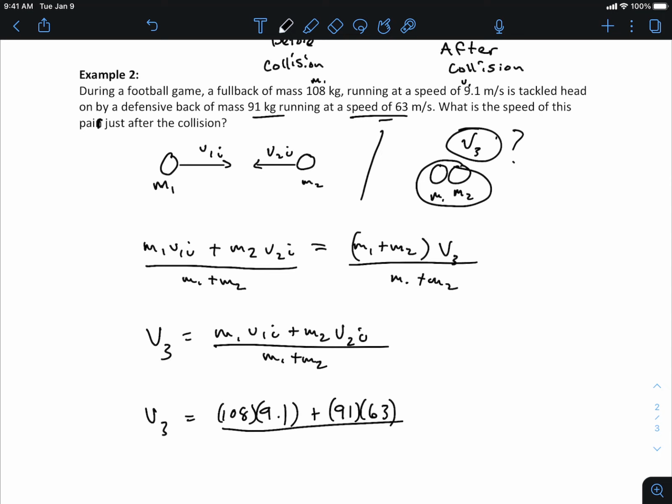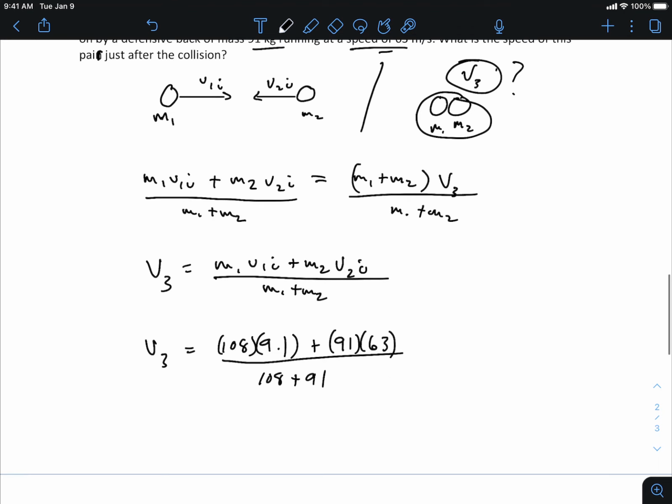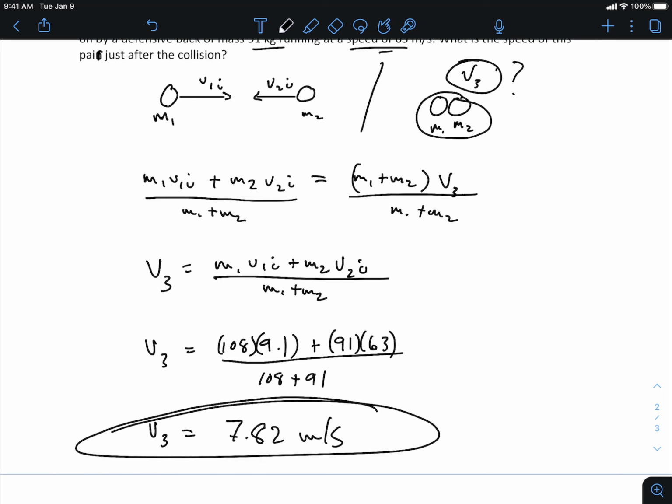We're going to divide that by the two masses, so 108 plus 91. If you were to run through that calculation, you should find that the final velocity of the pair would be 7.82 meters per second. Did I say velocity and speed? Okay, the final speed.